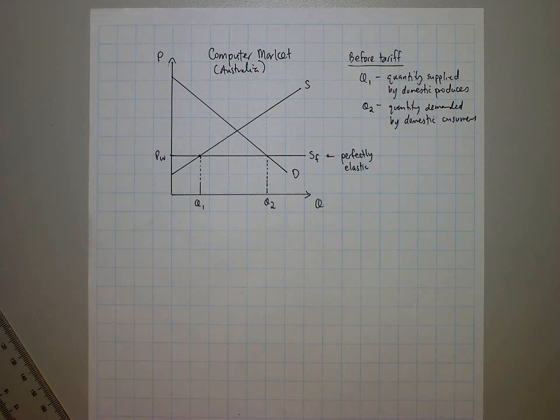Alright, but things are going to change once we introduce the tariff. Before we move on to that, I just need to describe the impact of a tariff on the world price.